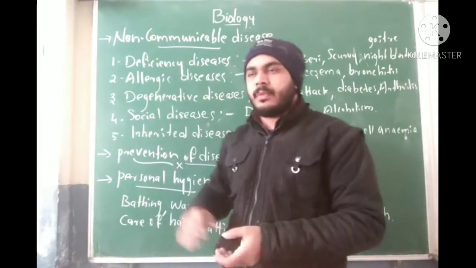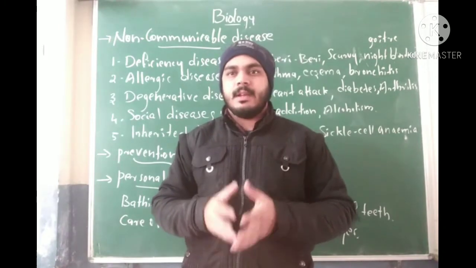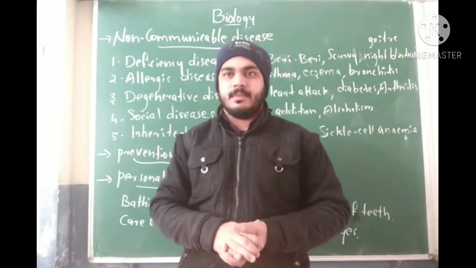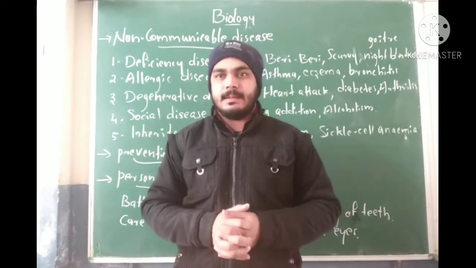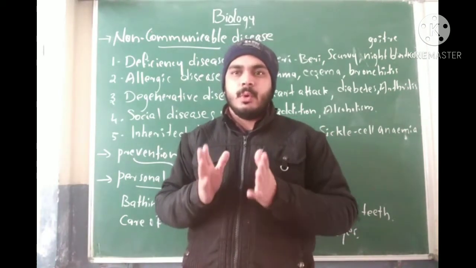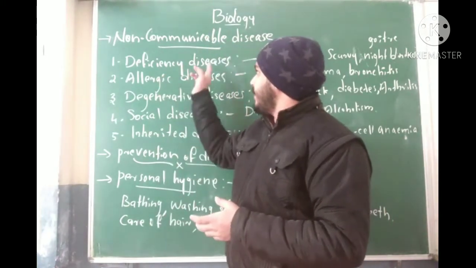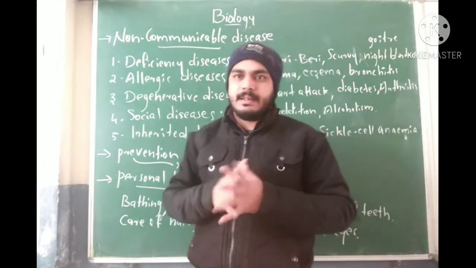Next topic, non-communicable disease. Non-communicable disease means it cannot spread from an infected person to a healthy person. It is only caused by deficiency or nutritional imbalance. Let's see which types of disease are non-communicable. For the first one, deficiency disease. The word itself gives an idea about the disease.